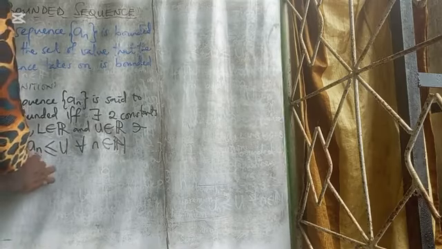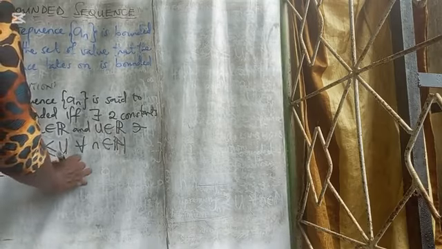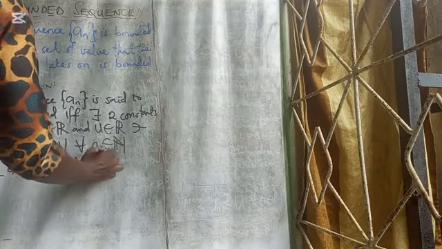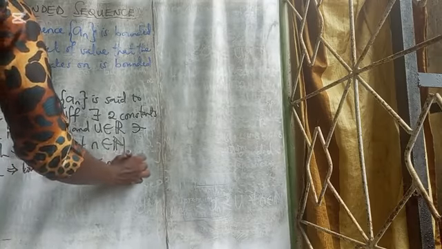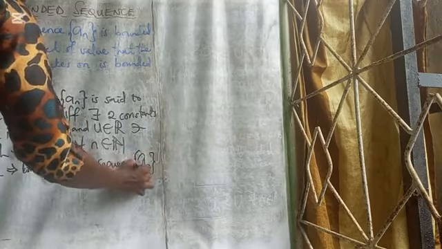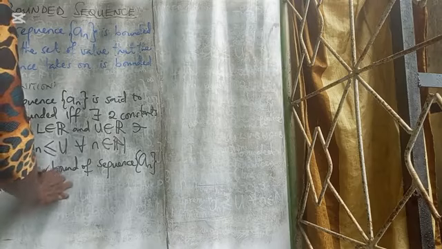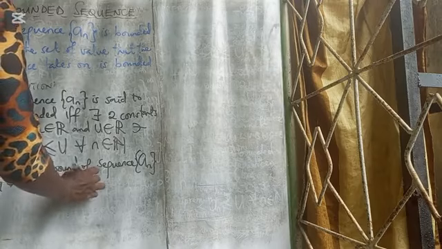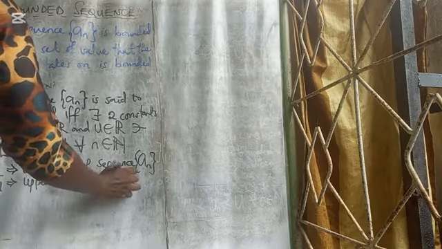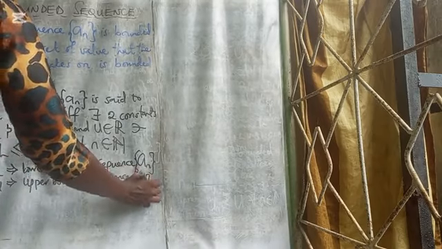L is called the lower bound of sequence a sub n, and u is called what? The upper bound of sequence a sub n.